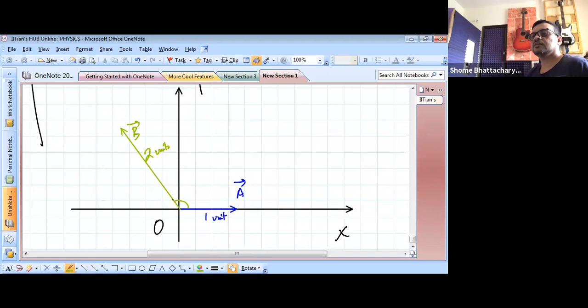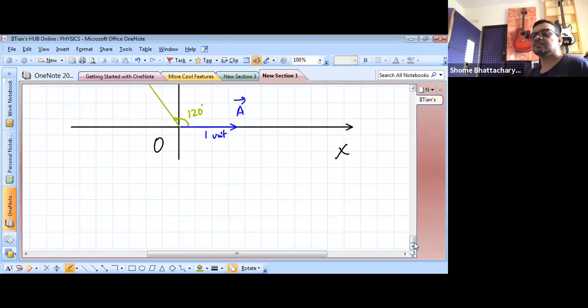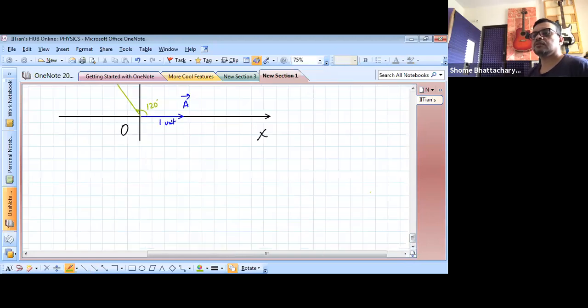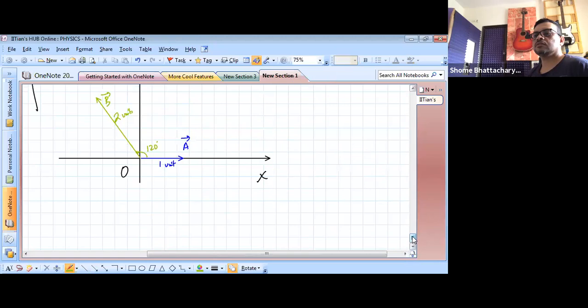And vector C would now lie in the third quadrant, like this. Its magnitude is 3 units, but more importantly, this angle would be 120 degrees.